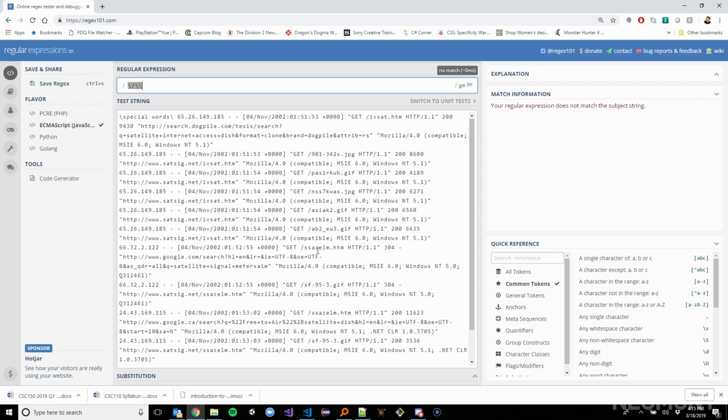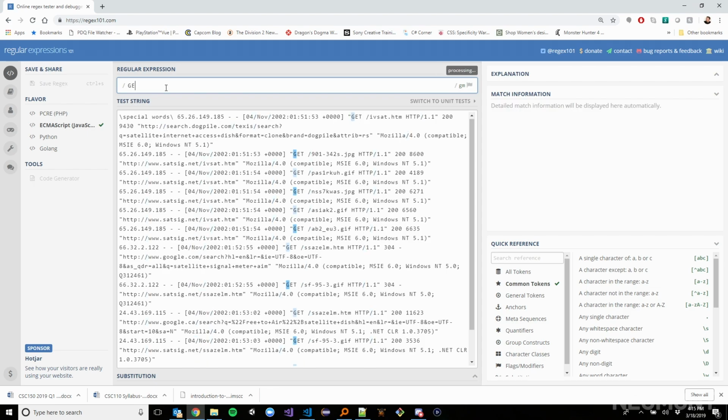Notice that if I do this, all of a sudden no pattern matches. Why does no pattern match? I mean, don't we have backslashes? Don't we have forward slashes? Of course we do. But what we've just written here says, find me a forward slash followed immediately by a backslash. It's looking for the entire pattern.